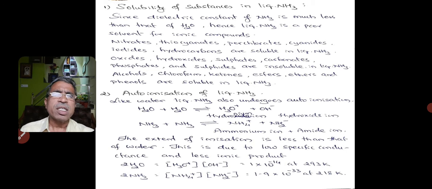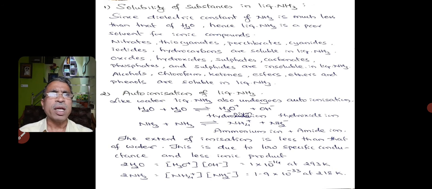Now, let us take some of the properties of liquid ammonia. The first one, solubility of substances in liquid ammonia. Since the dielectric constant of ammonia is much less than that of water, liquid ammonia is a poor solvent for ionic compounds.